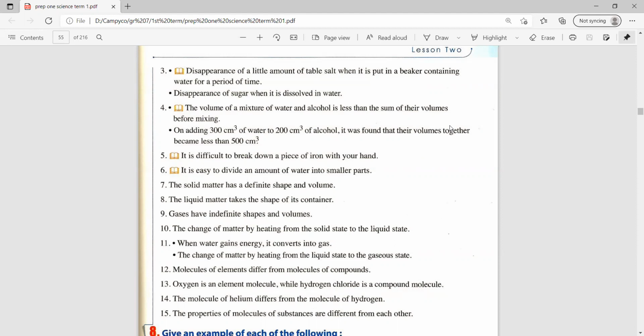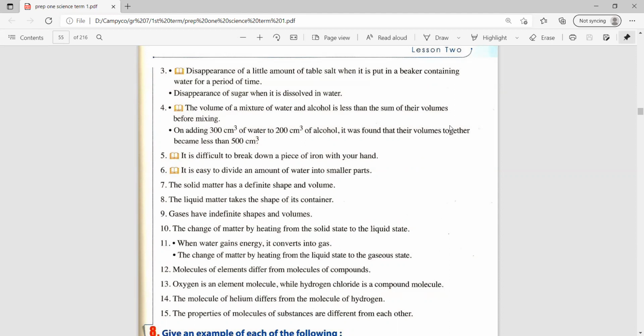Yes, the molecules of water, what do they have in between them? They have intermolecular spaces, right? So there are intermolecular spaces between the molecules of water.